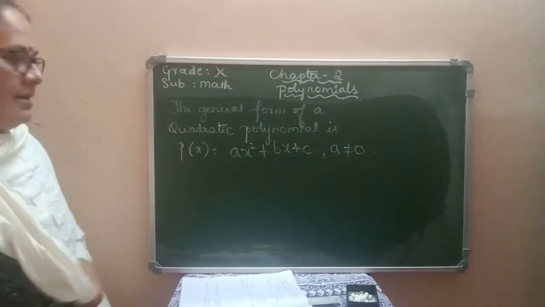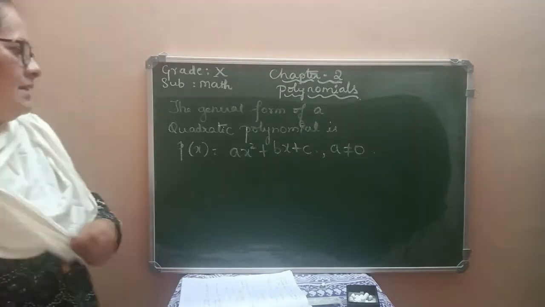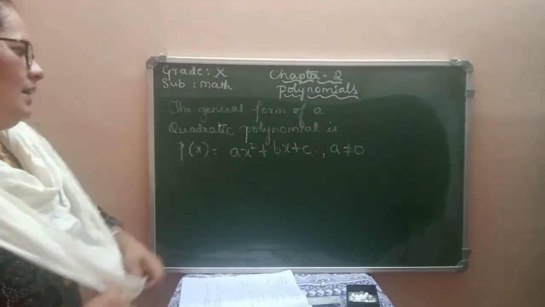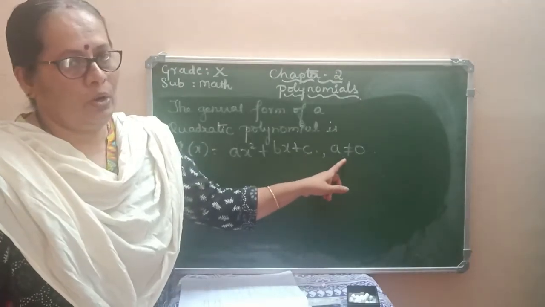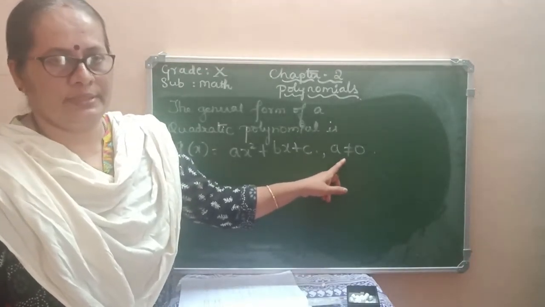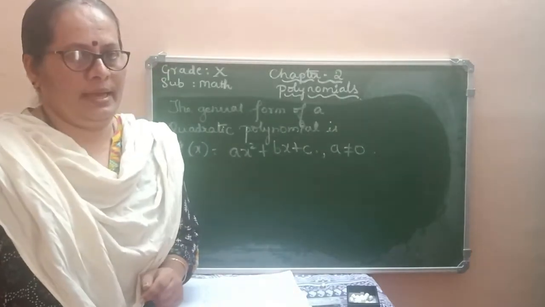This is the condition. The general form of a quadratic equation is ax square plus bx plus c equals 0, where a is not equal to 0.